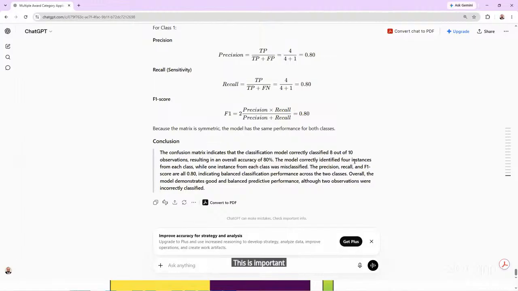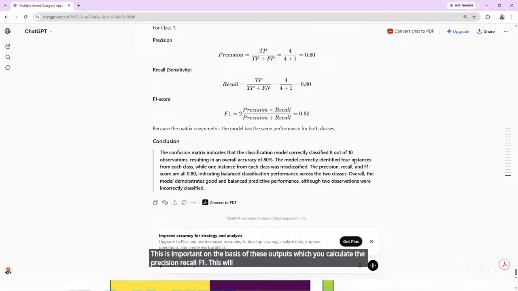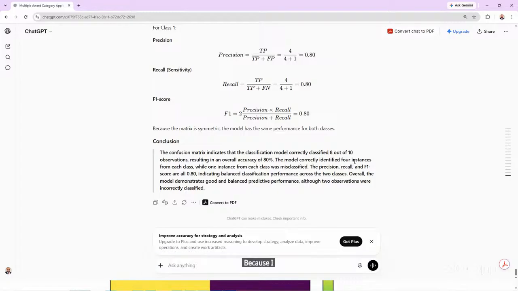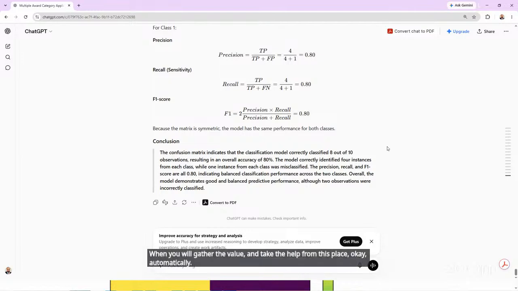On the basis of these outputs, where you calculate the precision, recall, F1, this will help you for better understanding. So you will try 2, 3, 4 examples in this way, and when you get the values and take help from this place, automatically you have self-learning.